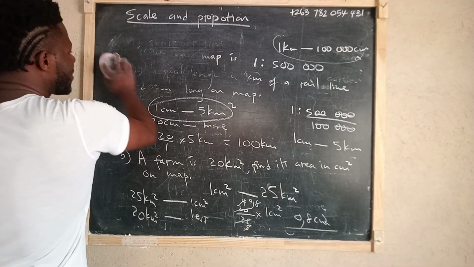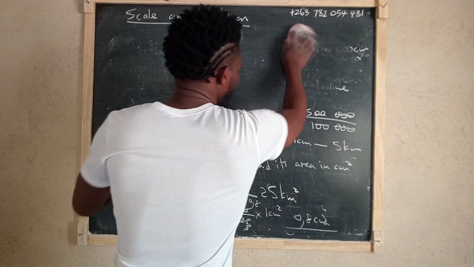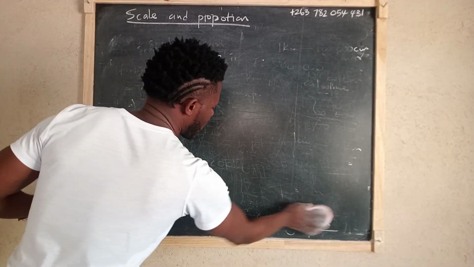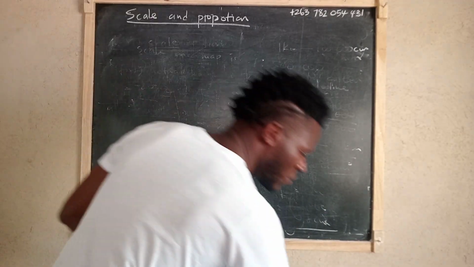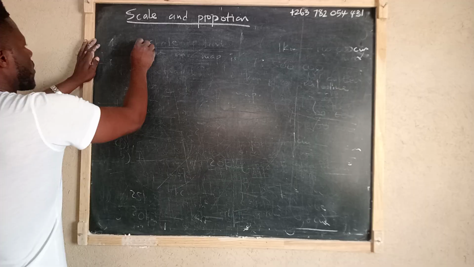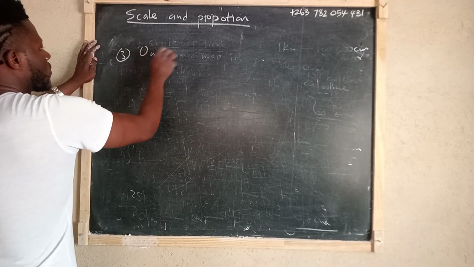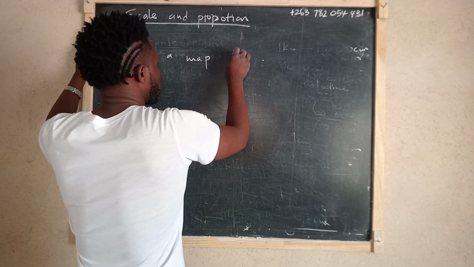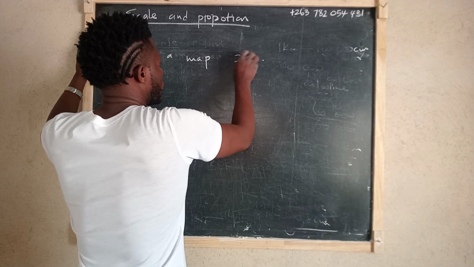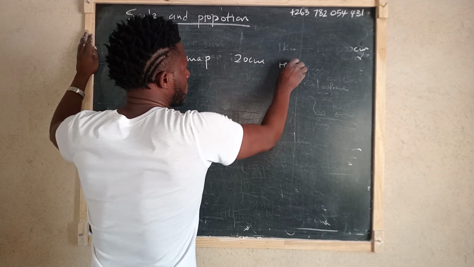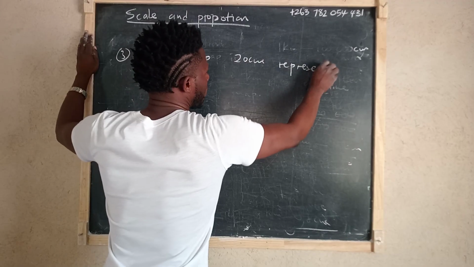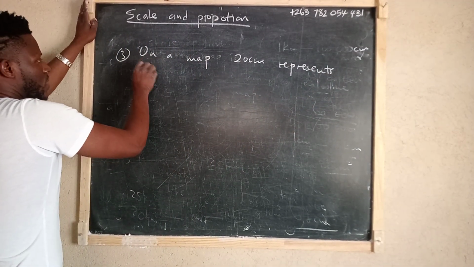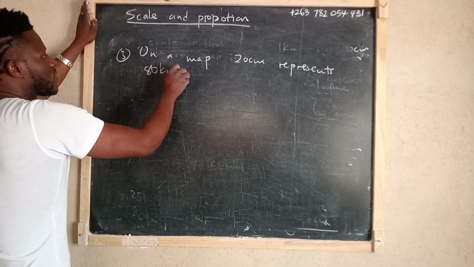Sometimes they might give you a bit more complicated task, such as this one. You will be given the length on a map: 20 centimeters represents 80 kilometers.